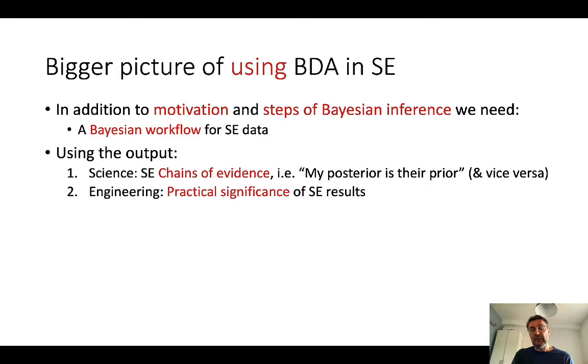Another output is more practical, an engineering output: we can use our posterior, the outcome of our analysis, to do practical simulation, simulating what would happen if we were in this type of situation. By combining these simulations with cost estimates and so on from practitioners, we can discuss with them, give evidence and predict practical implications.